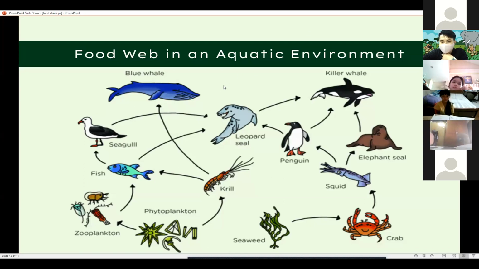So leopard seal is what? The tertiary or the alpha? No, this one will become the fifth one. Okay. The alpha here are the blue whale and the killer whale. They are the alpha because they are on top of the food web.